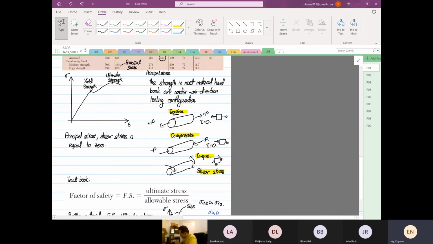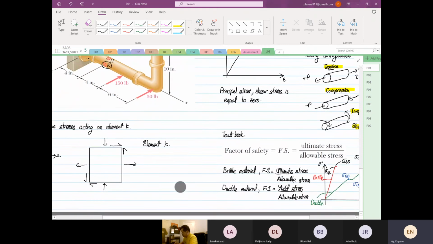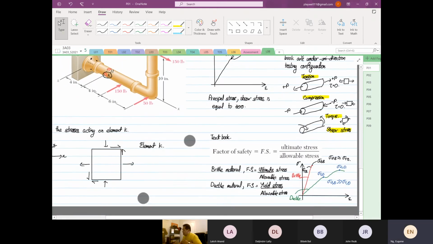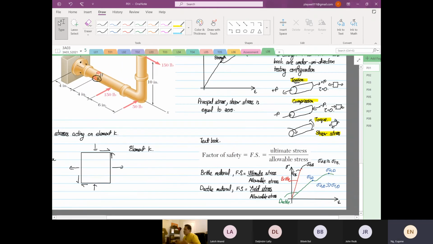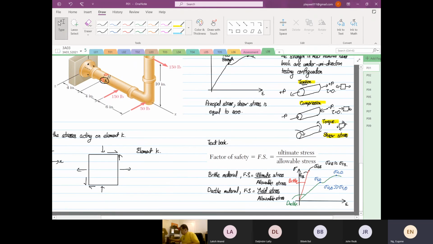Now, question for you guys. The three elements I've just drawn and element K, are they under the same loading condition? Yes or no? Anyone? Lux, are you there?